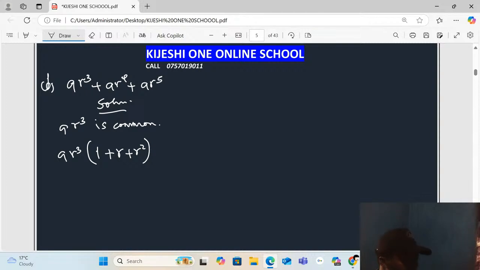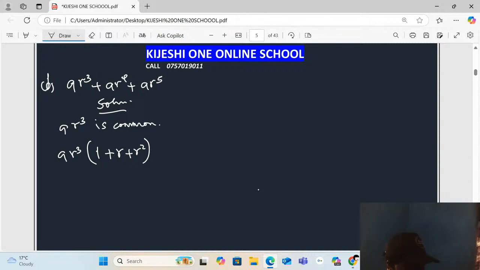And that is how you arrive at your final answer. So you factor out ar cubed, and you get ar cubed times 1 plus r plus r squared.